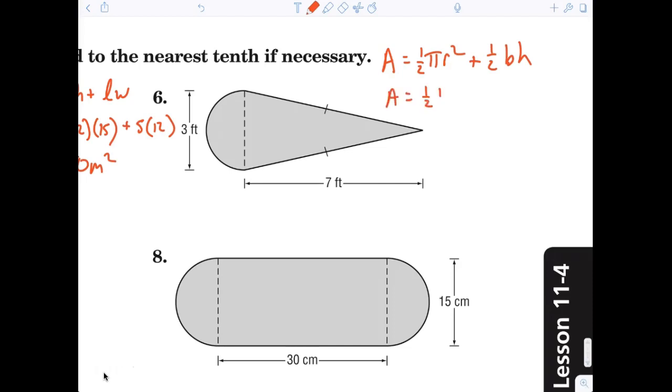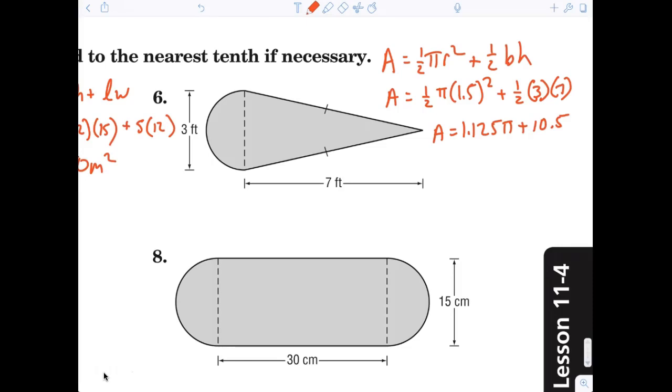So 1/2 times pi times 1.5 squared plus 1/2 base and height. 3 times 7. If you want to leave it in terms of pi, I think it's 1.125 pi plus 10.5.